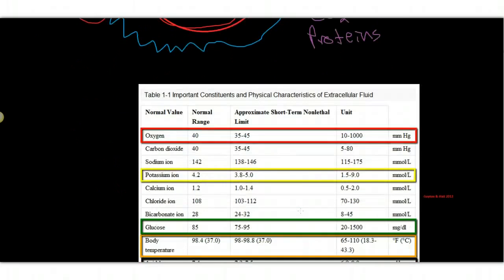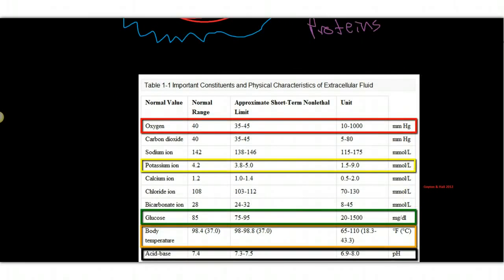And those elements are listed here in this table. And you can see here that the elements that are very critical to the survival of the cell are oxygen, certain electrolytes, sodium, potassium, glucose, the temperature of the fluid, and acid base.